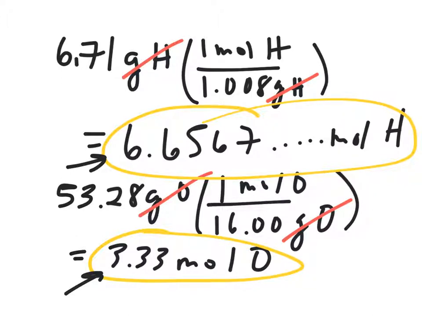So to get rid of the decimal point, we had 3.33 moles of oxygen, 6.65 moles of hydrogen, and the moles of carbon.